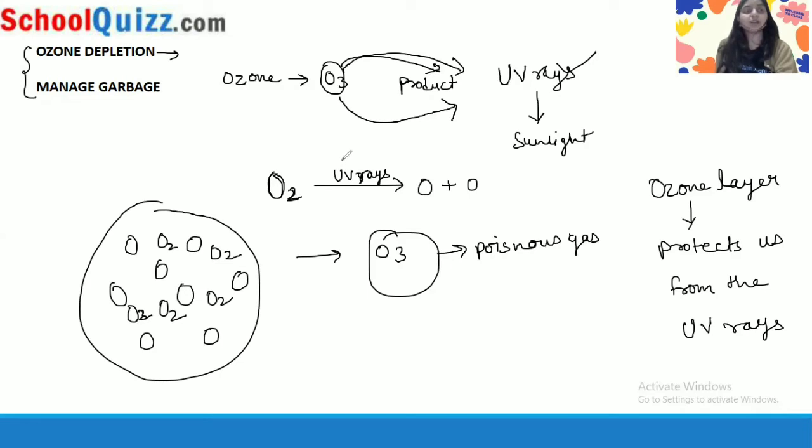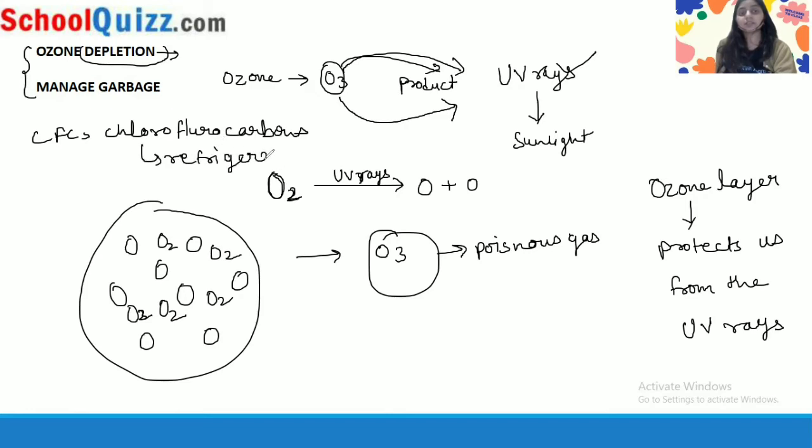Now, what is depletion here? In our environment we have some chemicals like CFCs, which are called chlorofluorocarbons. They come from refrigerators, ACs, air conditioners, and fire extinguishers.